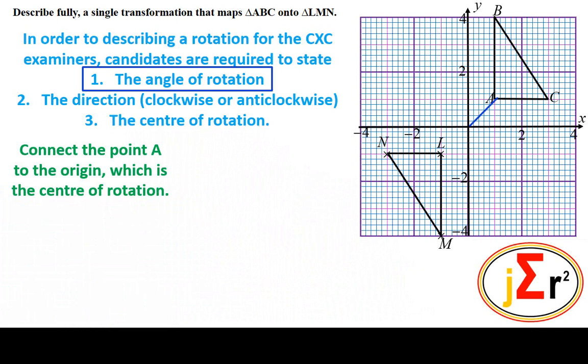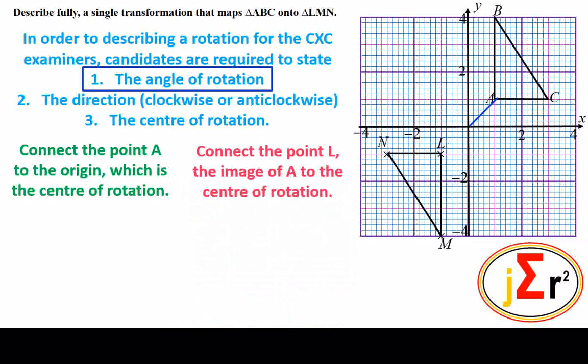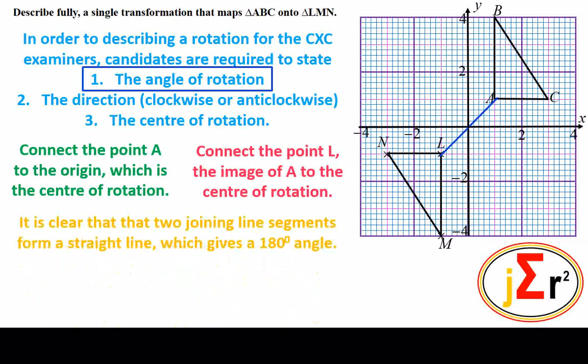Connect the image of that point to the center of rotation. So connect the point L, the image of A, to the center of rotation. So we'll have to make use of a point and its image in this exercise. The point is connected to the center of rotation by a line segment, and we do the same for the image of that same point.